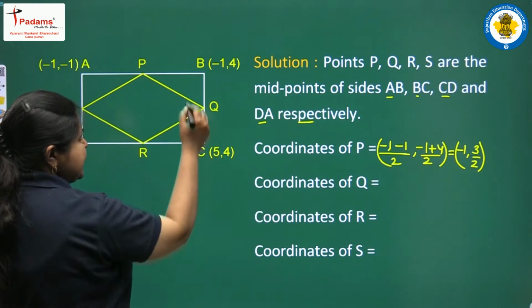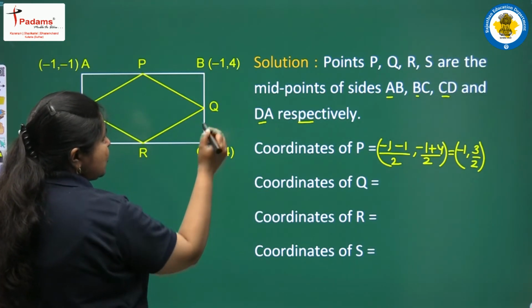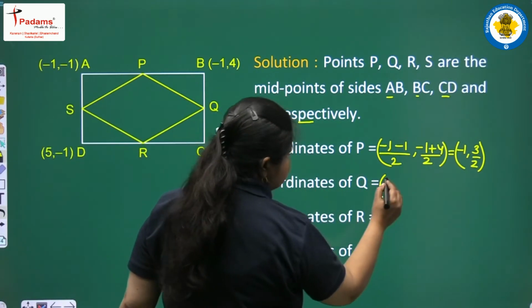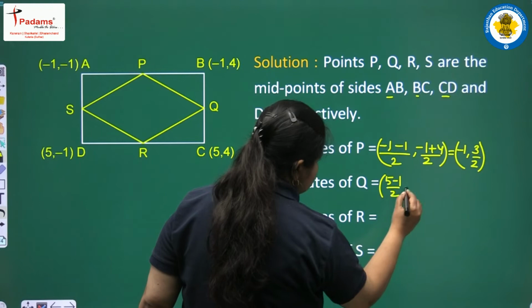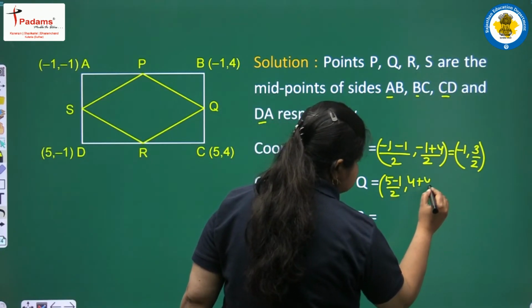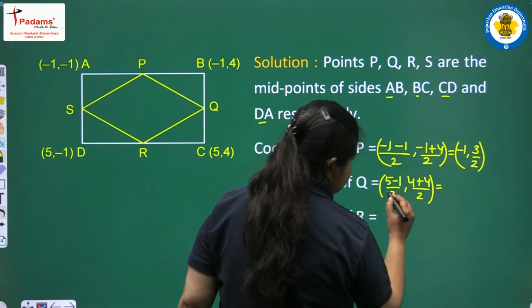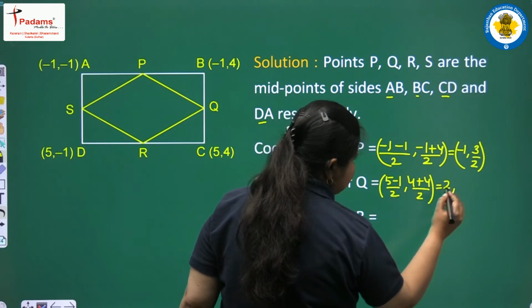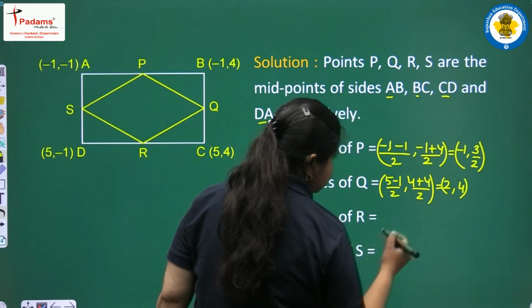Here, coordinates of Q. Q is the midpoint of BC, so in this case, look, add up the x coordinates of both ends. 5 -1 upon 2, and we get 4 plus 4 upon 2. This will be 5 - 1 is 4/2, that is 2, and here it will be 8/2, that is 4. So 2 and 4.